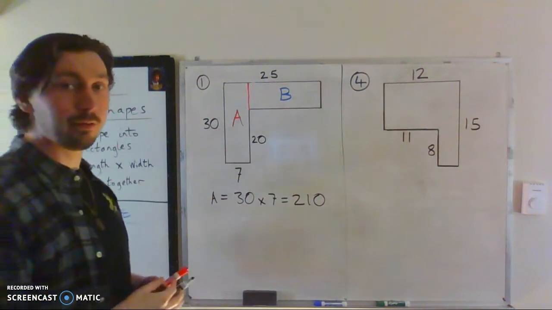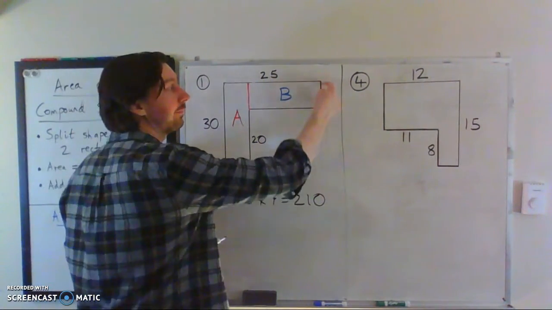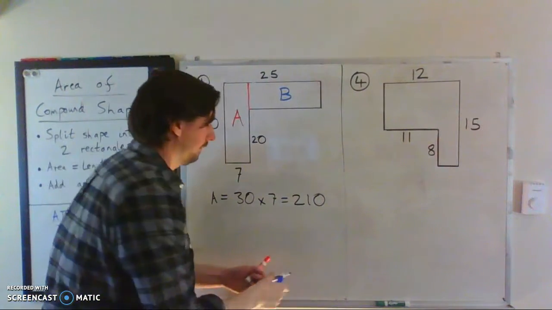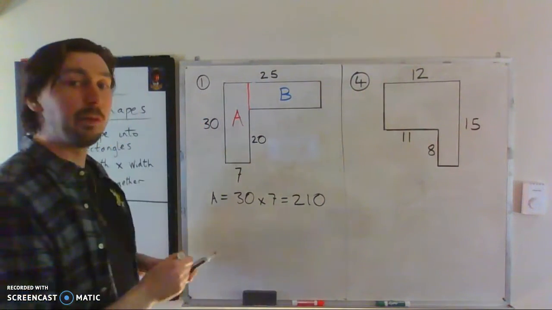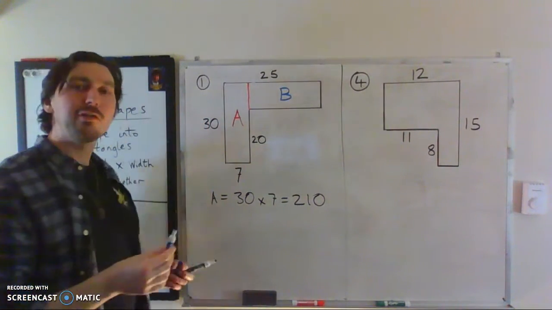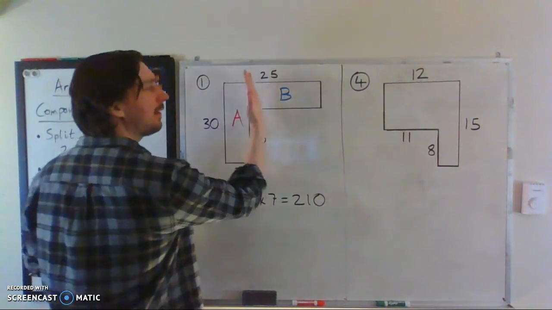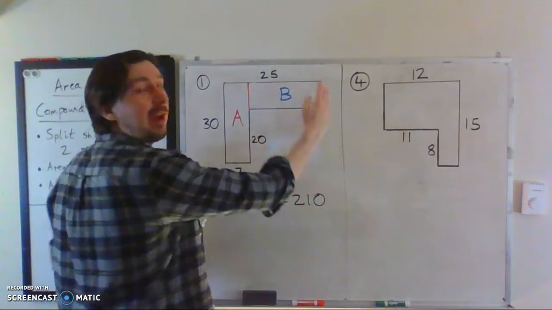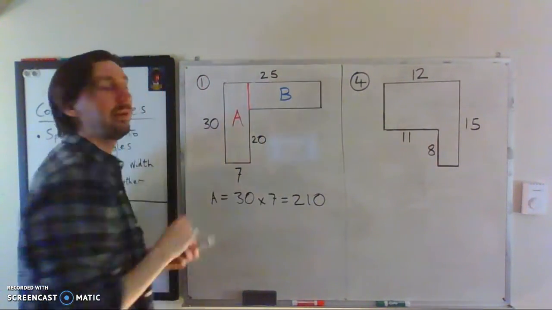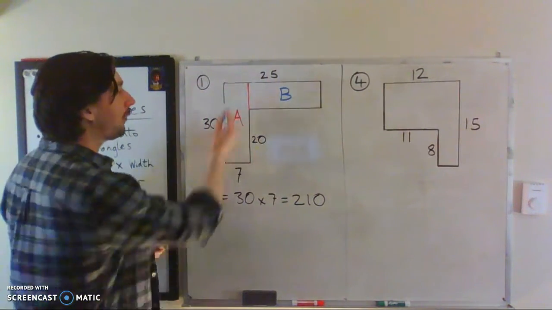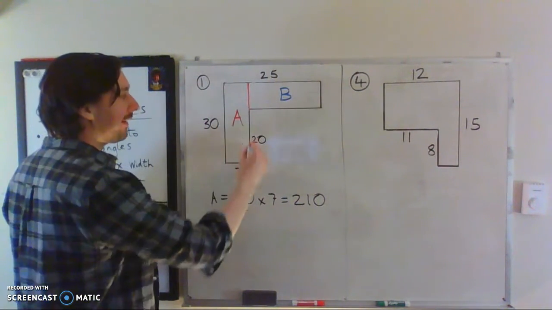Let's start with this part here. What you're doing here is looking for the parallel lines. If I'm looking for this, I'm looking at the lines parallel to it. The only two lines parallel to it are here and here.